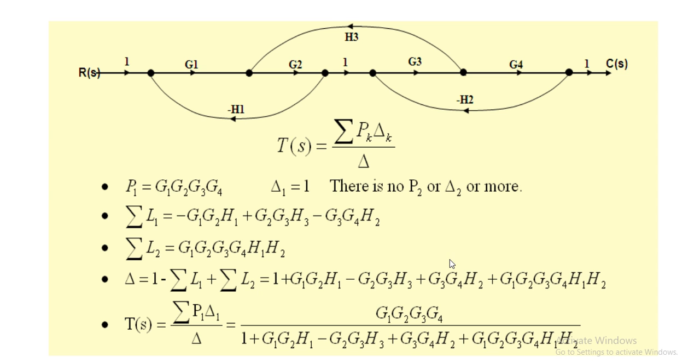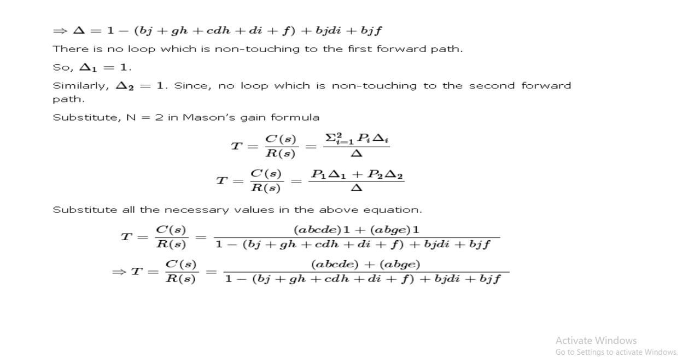So this whole example is solved, and this is the answer. Just carefully see what I have done here: solve delta, then delta 1, delta 2, based upon the paths.